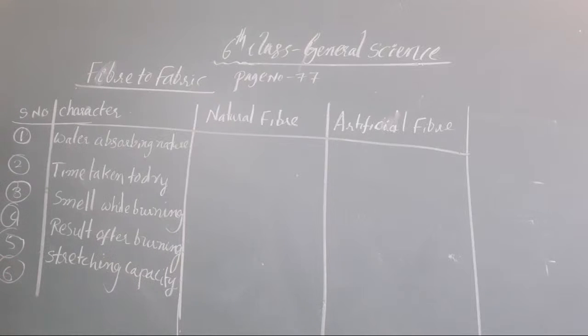And the last one, smoothness. These are the properties we mainly have to discuss, as characteristics of natural fiber as well as artificial fiber. All the students, we have to check what the nature of those fibers is. Okay, clear or not, all the students?